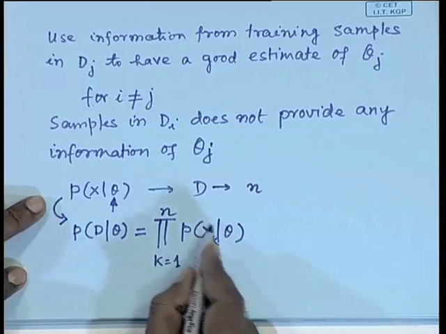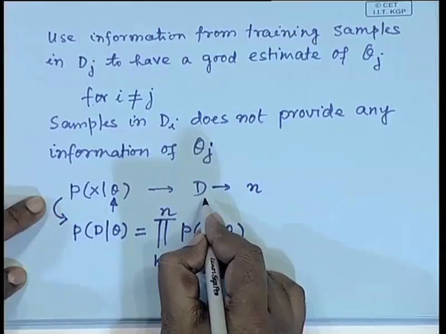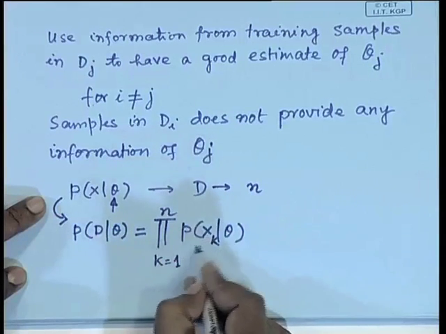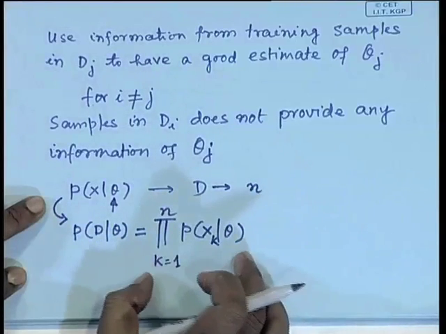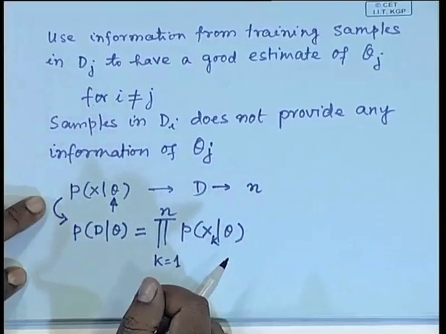Because I have n samples in this set D, and the samples are drawn independently, this can be written in the product form.